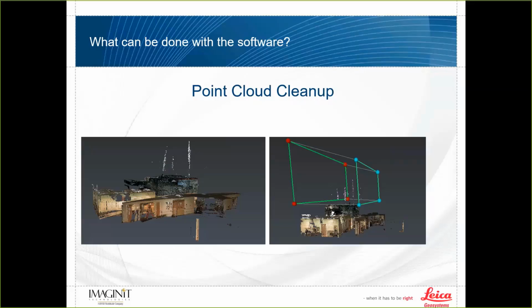And one of those tools you'll see there on the right. A lot of the tools that we've cleaned up point clouds with in the past have simply provided us with usually a box or a polygon shape to select points and then delete those points within that shape. Well, 3DR allows us to not only create that polygonal shape, but it allows us to extend that shape into a 3D form.